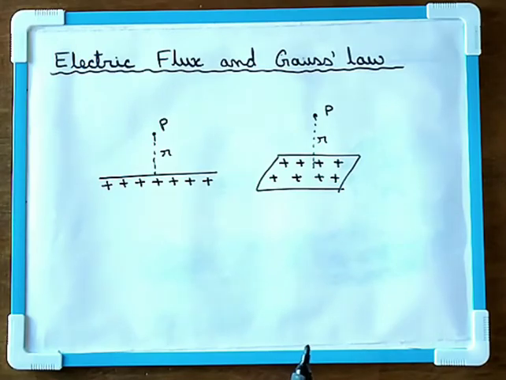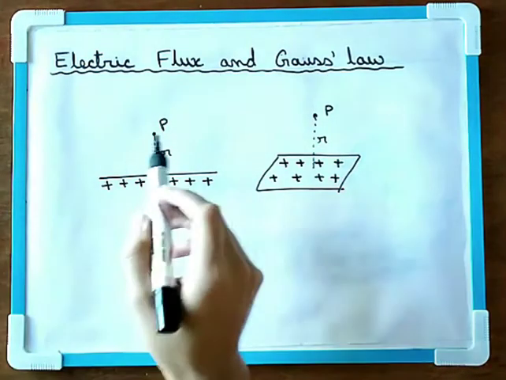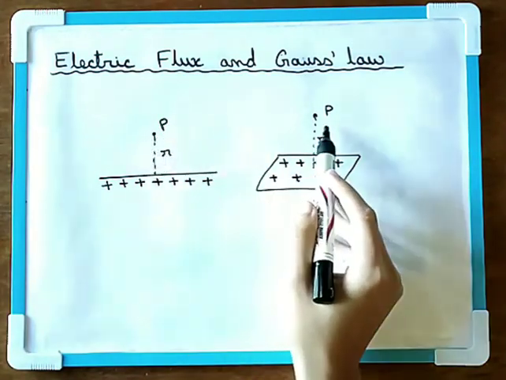So we'll have to choose another method which is much easier than the superposition principle. In order to use that method, we'll have to introduce the concept of electric flux and Gauss law to find the electric field intensity at this point and at this point.